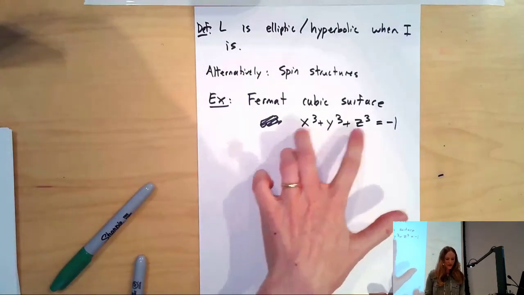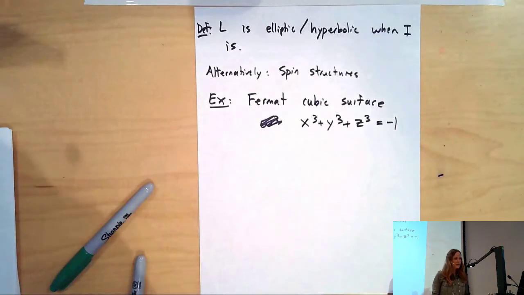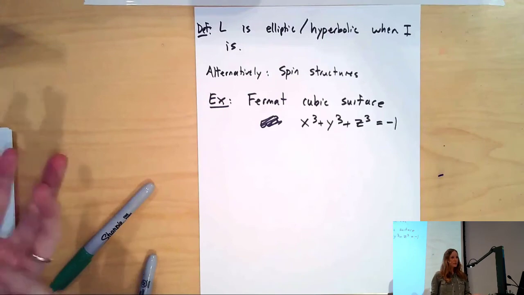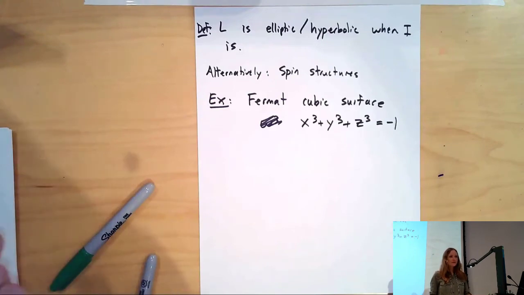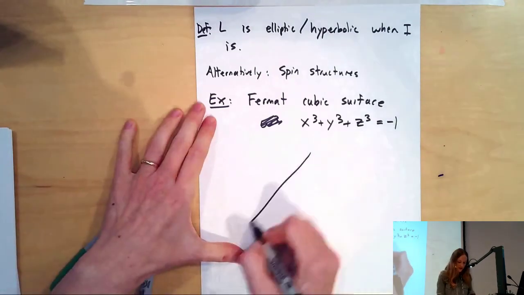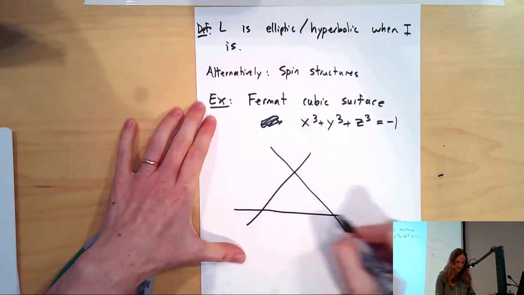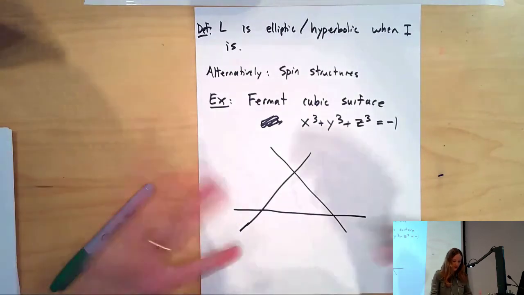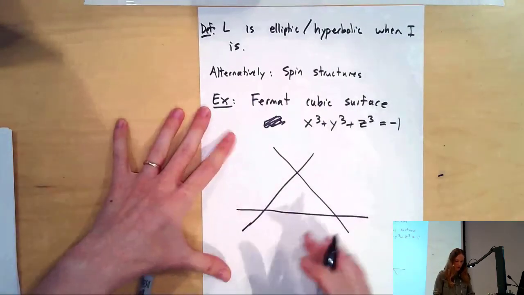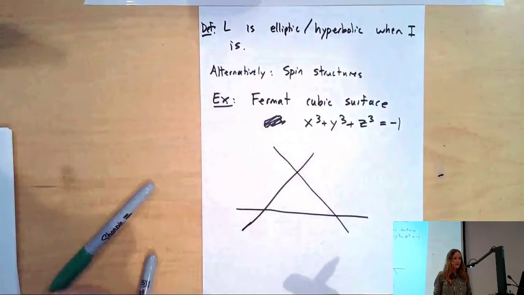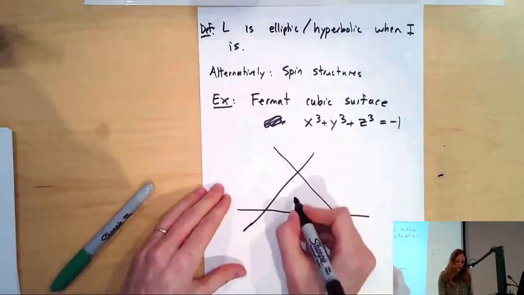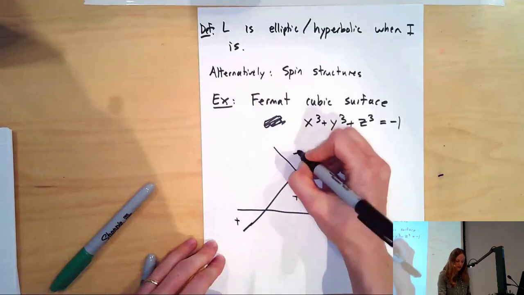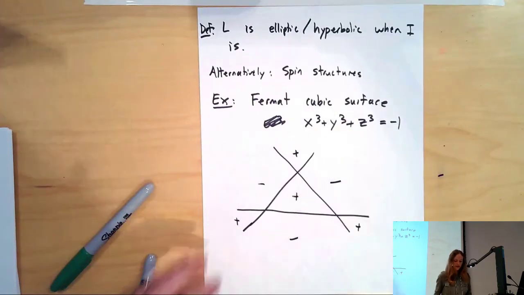And you can see the 3 real lines; we have to choose the third root of -1, and then there were 3 permutations. Those lines all lie in a plane. So there are the 3 lines, and you can view all of the points of the Fermat cubic surface by having a little bubble up out of the paper where there are plus signs like this, and then inside the paper minus signs like that.